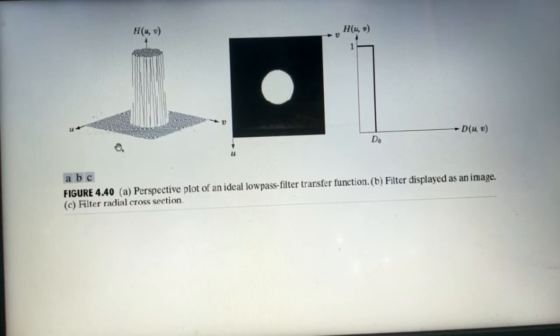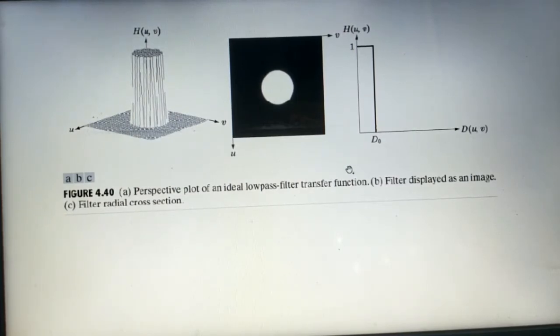The diagrams, the images which you are observing on the screen now, represent the frequency response of the ideal low pass filter. So these are the different ways we can represent the frequency response.